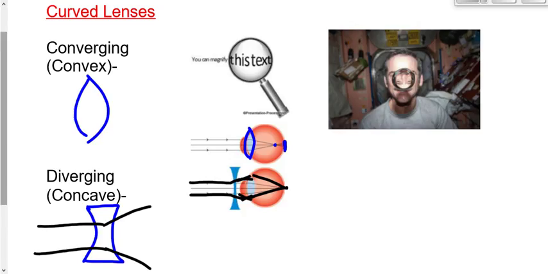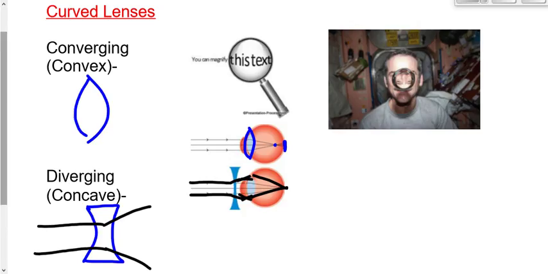So here's what happens when you need reading glasses. The rays of light that are coming through the convex lens in your eye converge, but they converge behind your retina. So they focus behind your retina, not on your retina. That produces a blurry image on your retina.